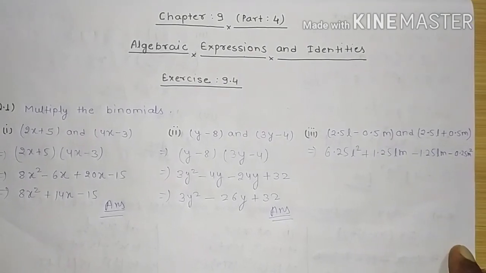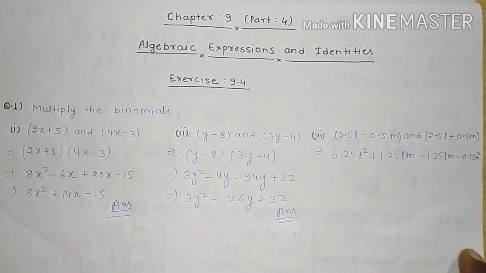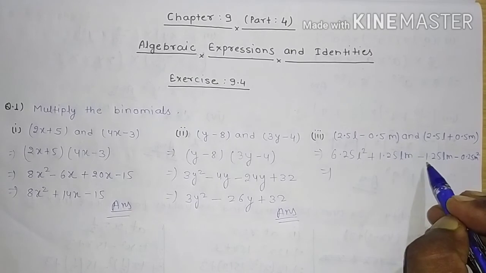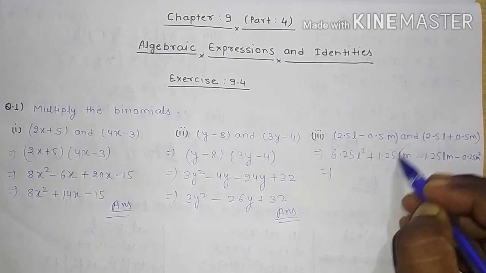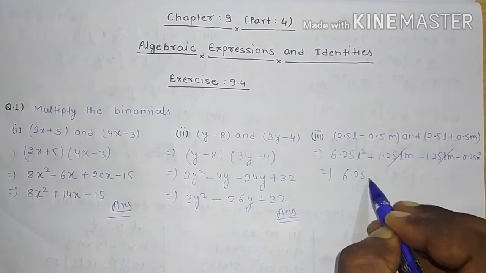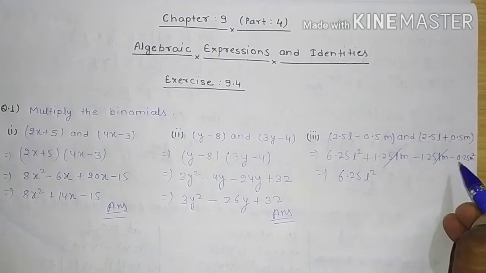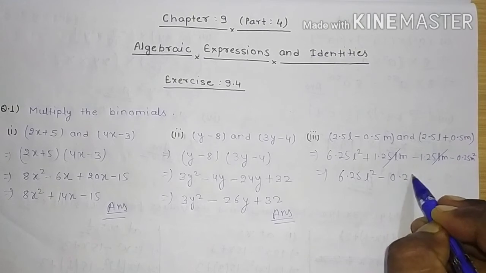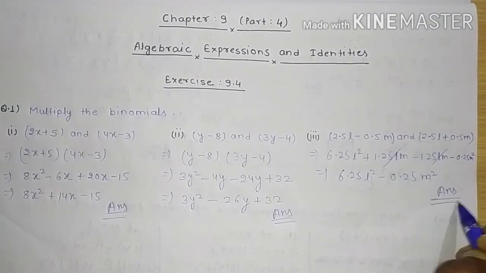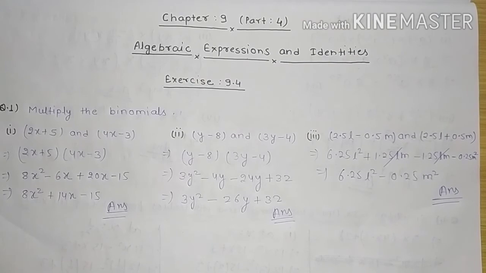Okay, students, 1.25 Lm and minus 1.25 Lm will cancel out. So we have 6.25 L square minus 0.25 m square. Now this is the answer, and this is very simple.